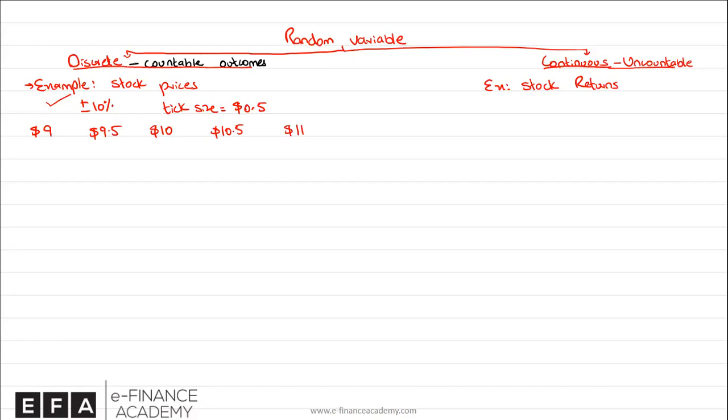The reason why stock returns are continuous and uncountable, even if we say that on a daily basis the maximum return could be plus or minus 10%, as we said before, is that you can have an outcome that could look like this: 7.77%. This could be one return. Then another return could be 7.7776. And that's unique. This is a unique outcome and this is a unique outcome.